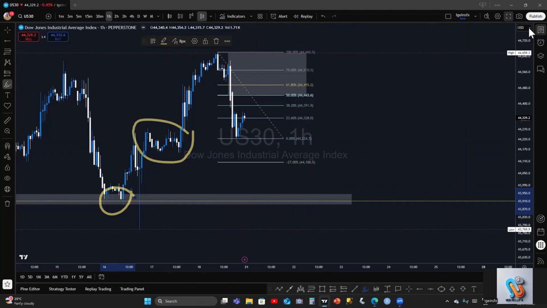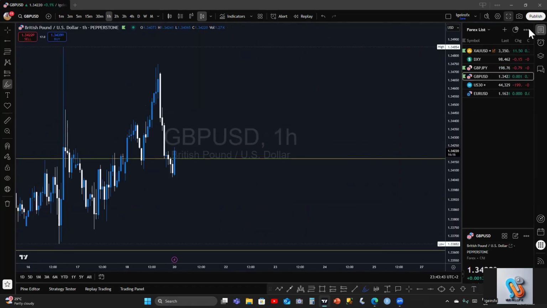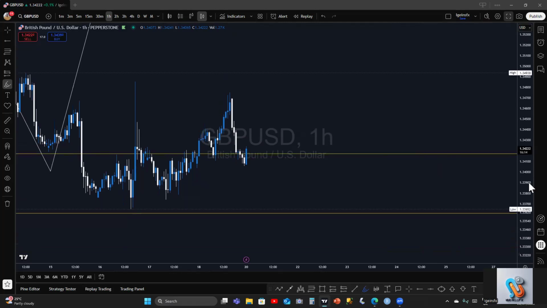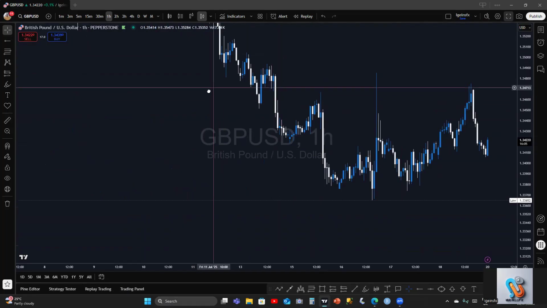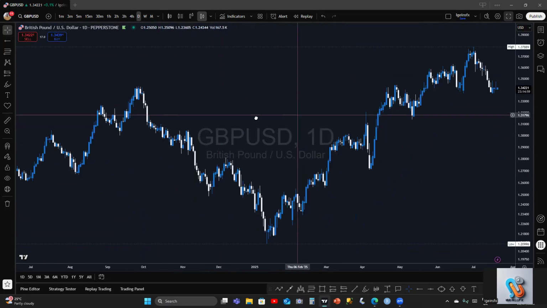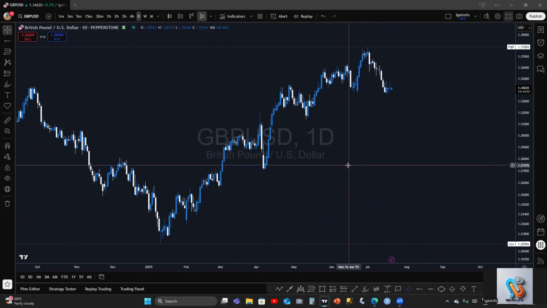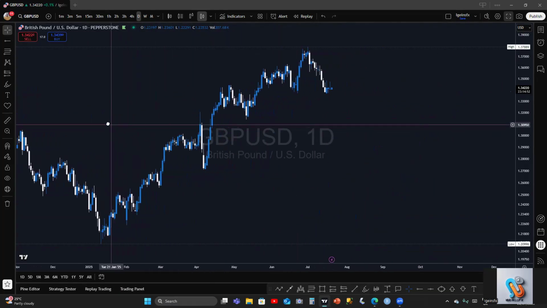All right, so let's analyze GBPUSD. From a higher time frame point of view, we need to first of all ascertain where the trend is going.